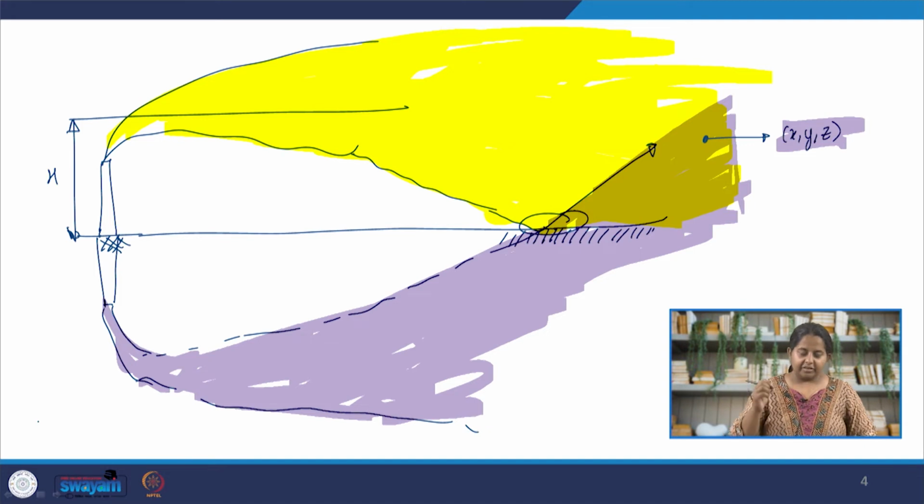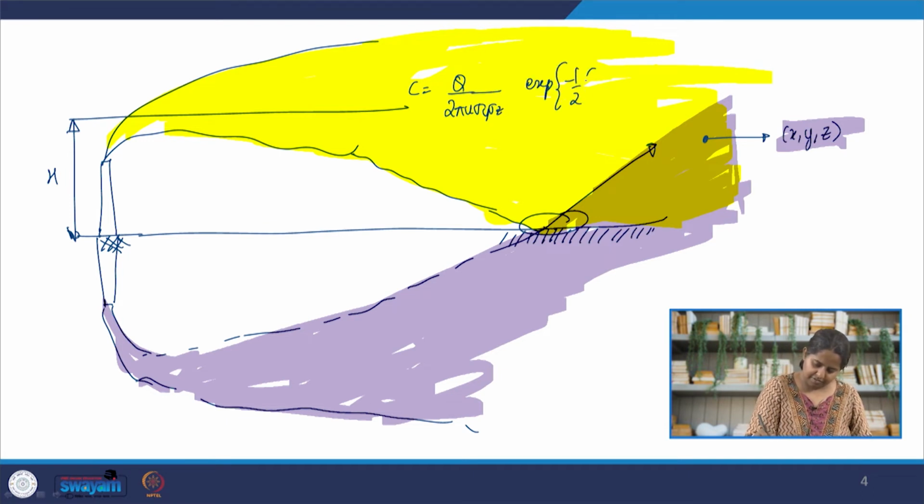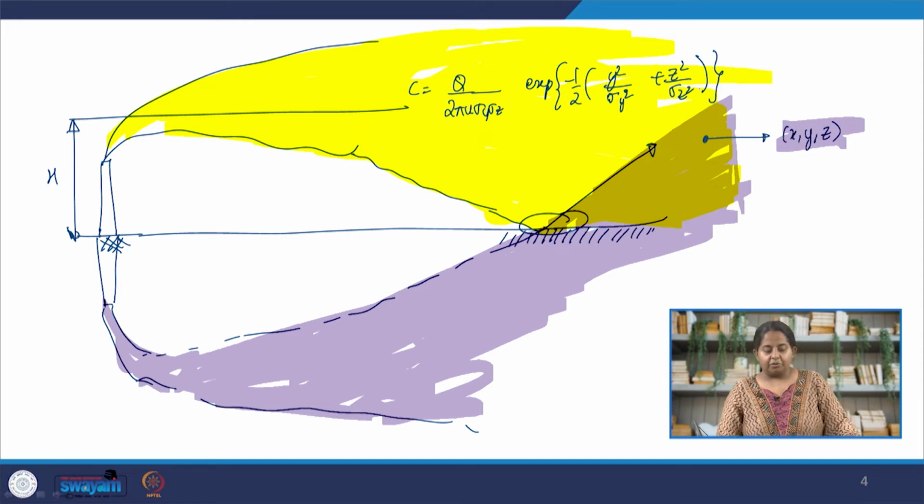Alrighty, so remember the formula of our concentration is given by, I'll just write on top of the plumes, C is equal to Q by 2 pi u sigma y sigma z, e to the power minus half, y squared plus... okay, this is what we have from the direct plume.